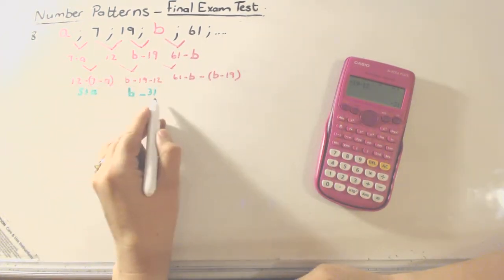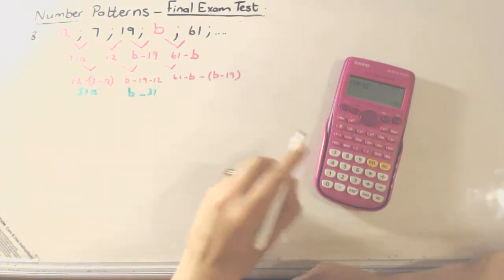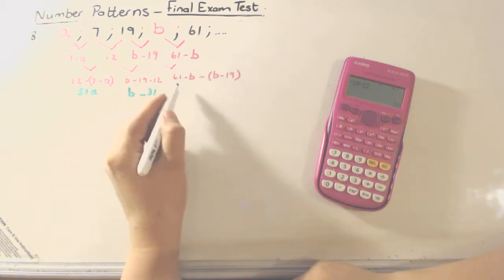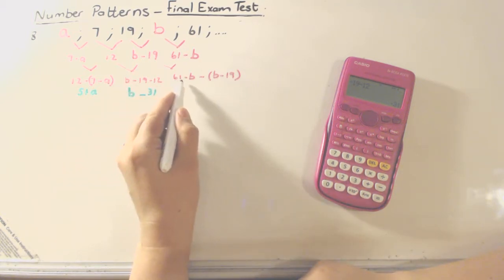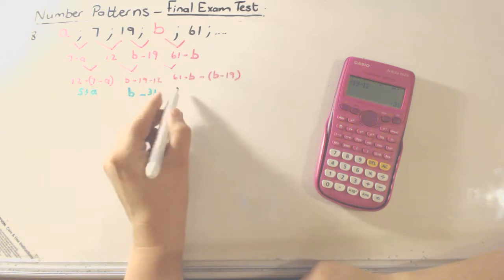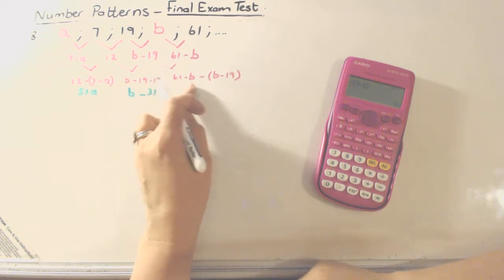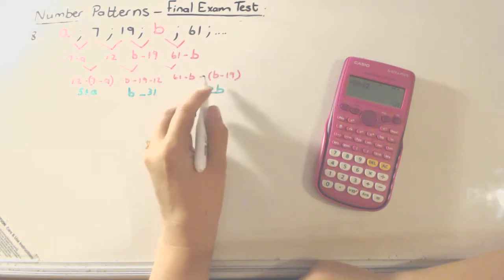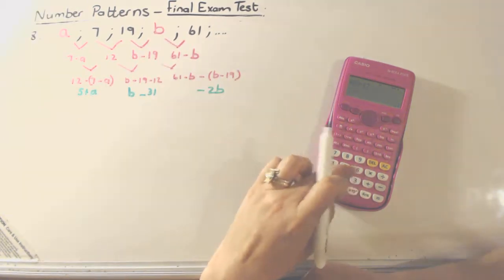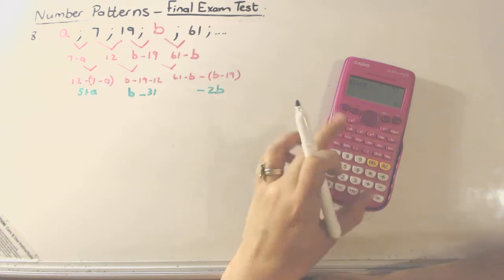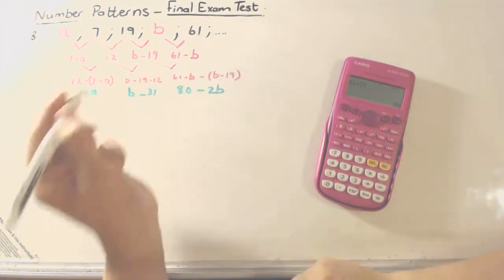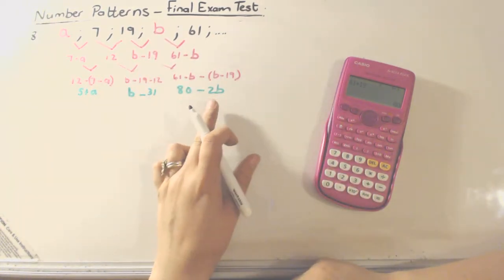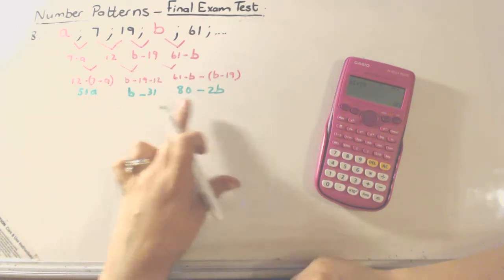So 5 plus a, b minus 31, and then 61 minus 2b. There's minus b, so it's minus 2b, 61 plus 19, and that's 80. So 80 minus 2b. Now all of this should be the same.